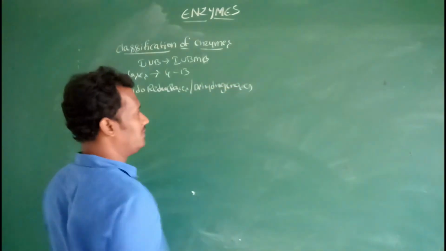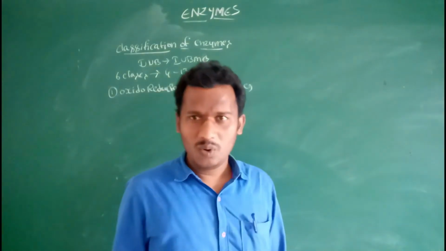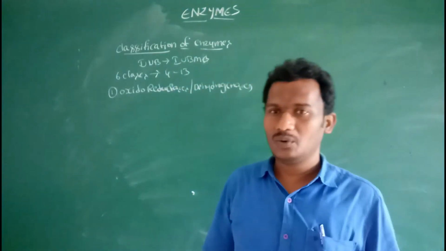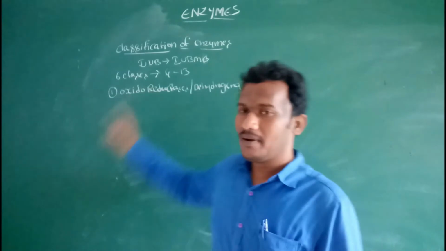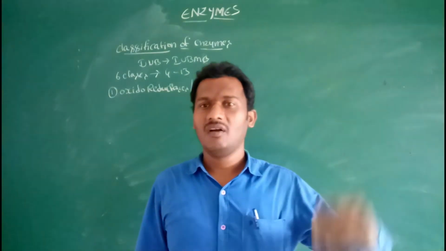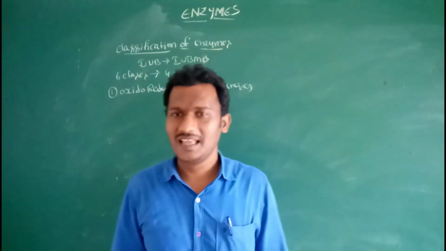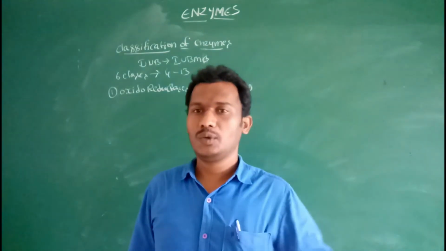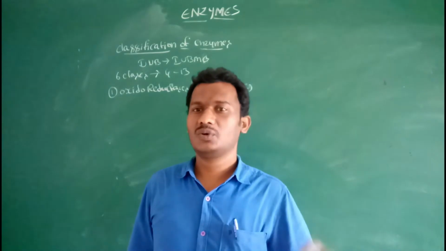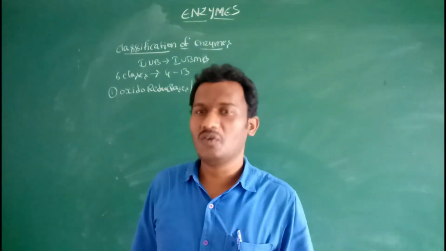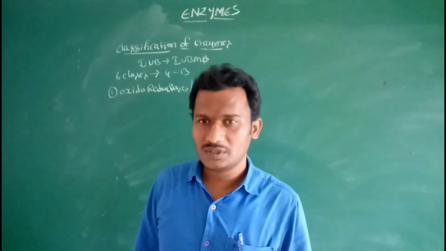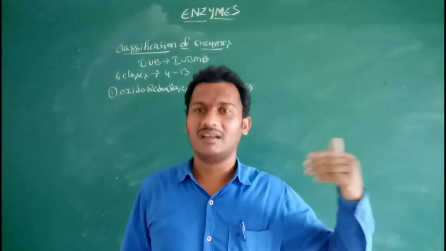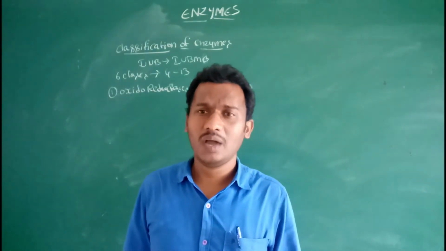So the first type is oxidoreductases, dehydrogenases. These types of enzymes catalyze oxidation as well as reduction, transferring electrons, using oxygen or without using oxygen. In presence of oxygen, they remove hydrogens. These hydrogens are transferred to coenzymes.